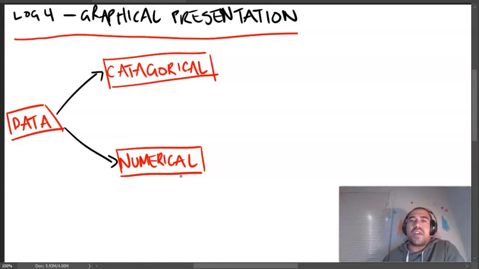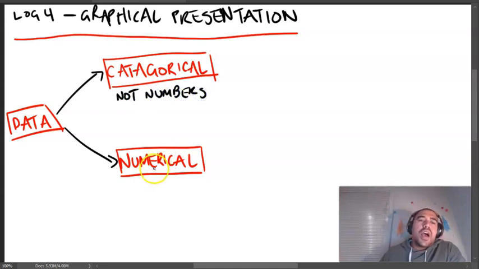It generally has a favorite or a preference of some sort, but the results that are provided to me can only be some form of a category. It can't be a number. So I like to think of categorical data as not numbers.